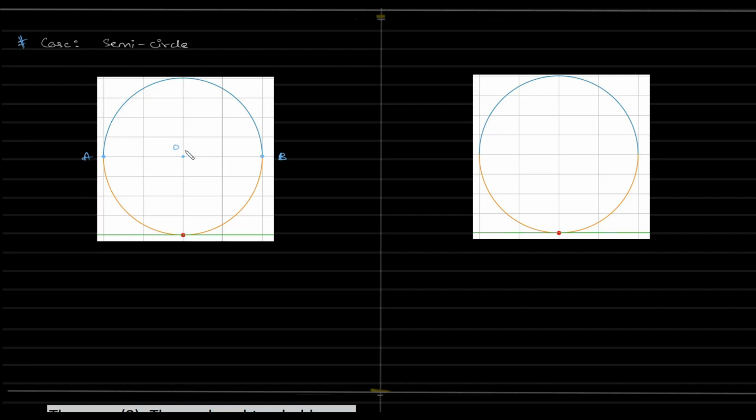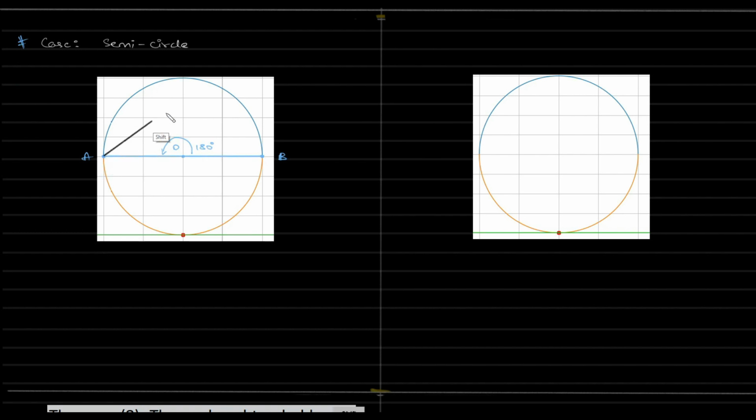So this is say O, and this is your semicircle, right? So angle subtended by it with the center is a straight line. So what does this become? The diameter. So what is the angle subtended by it with the center now? This amount, that is 180 degree.